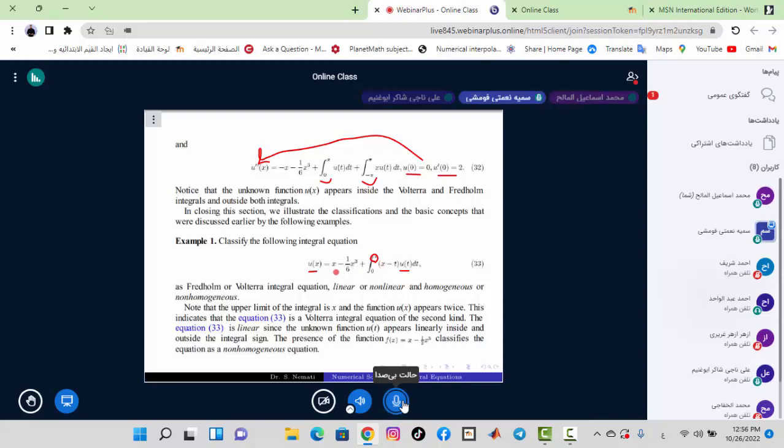Non-homogeneous. So this is a second kind, because u of x is outside the integral. This is a second kind Volterra integral equation, and it is non-homogeneous.